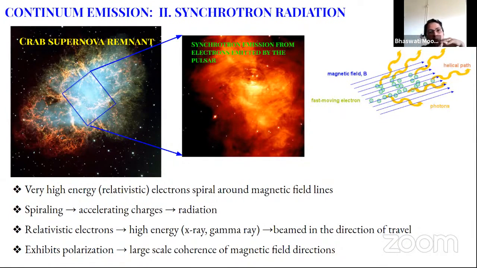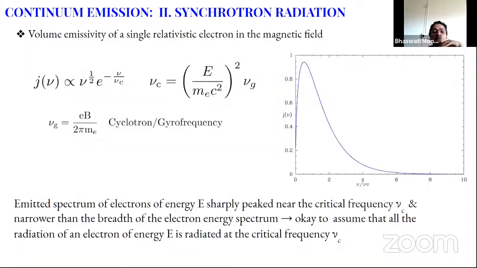So there will be a coherent emission mechanism which gives rise to polarization. If instead the magnetic fields were randomly oriented, the radiation emitted by individual electrons would also be randomly directed, so the net polarization would have been zero. So this is also evidence that there is a large scale coherence in the directions of magnetic fields in the interstellar medium.